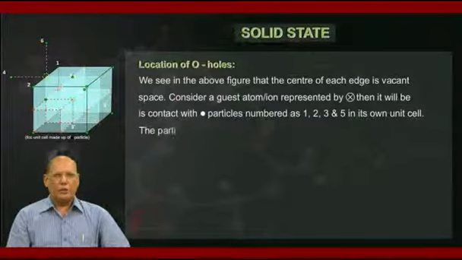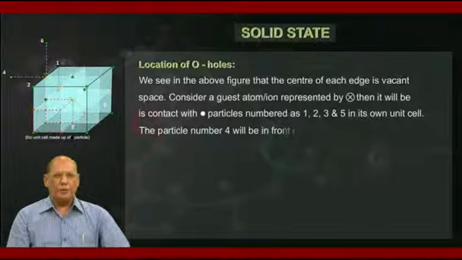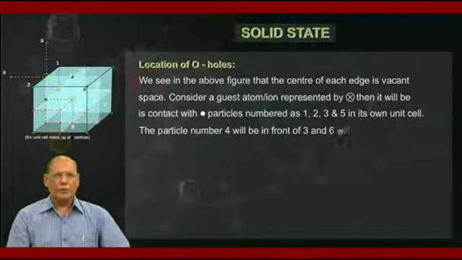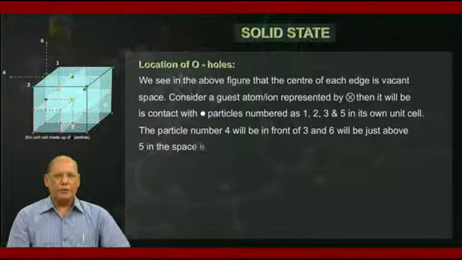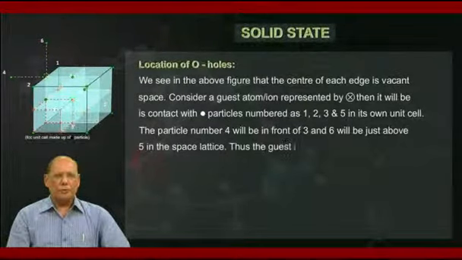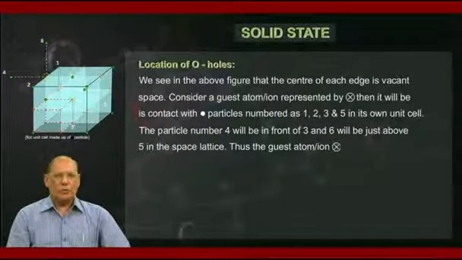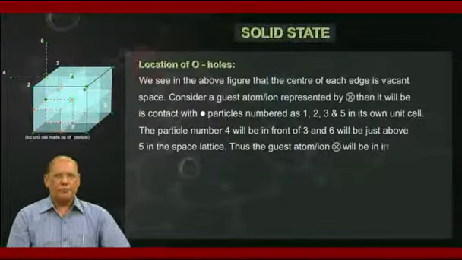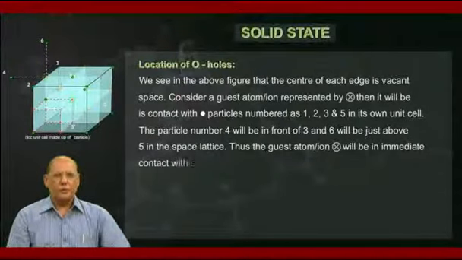The particle number 4 will be in front of 3 and 6 will be just above 5 in the space lattice. Thus the guest atom or ion marked by cross will be in immediate contact with 6 particles.